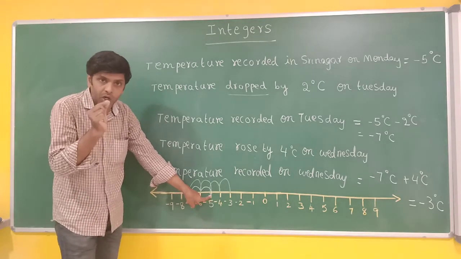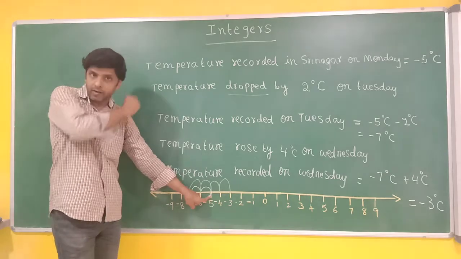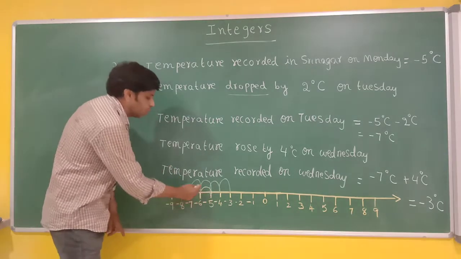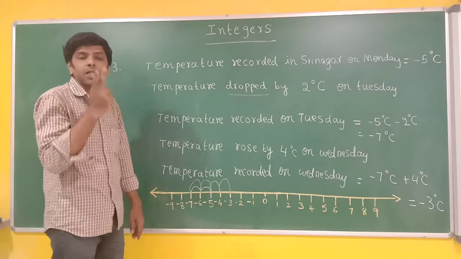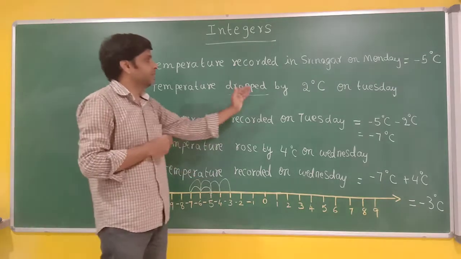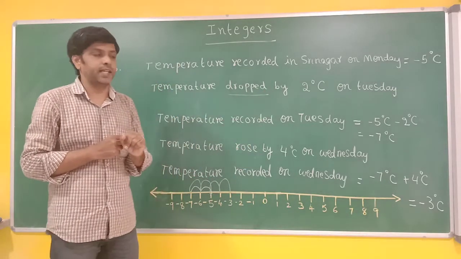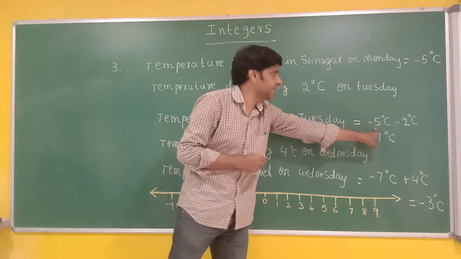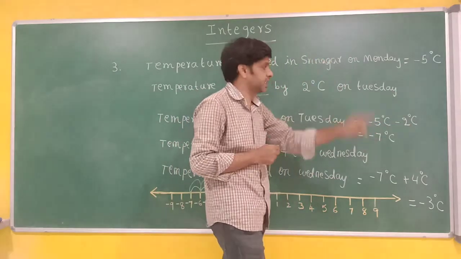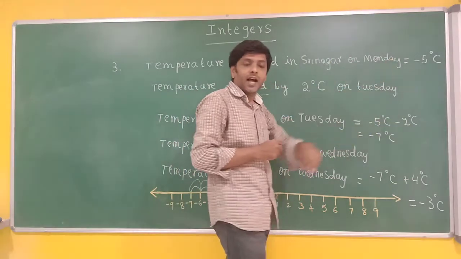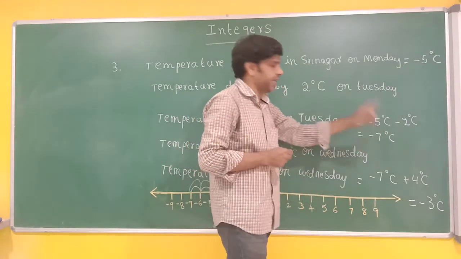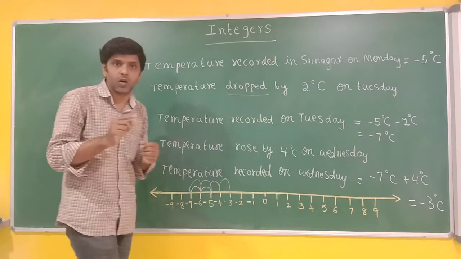Temperature dropped. Dropped means we should go backward. So I went 2 steps backward. Why? Because temperature dropped by 2 degrees Celsius. So -5 degrees Celsius, -2 degrees Celsius. When the signs are same, addition, and -7 degrees Celsius is the temperature recorded on Tuesday.